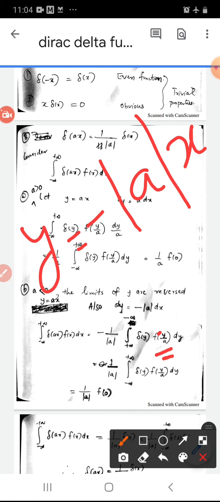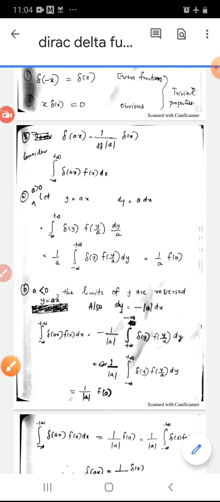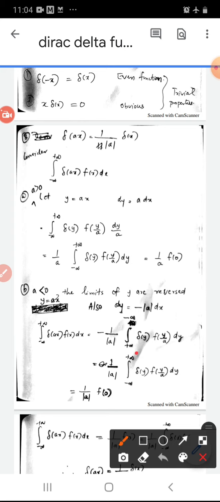Since the negative is there, you change the integration limits: originally it is from minus infinity to plus infinity, that you change from plus infinity to minus infinity. So here you can see plus infinity and minus infinity. So delta y f of y by a, and for dx we are writing dy by minus of modulus of a.